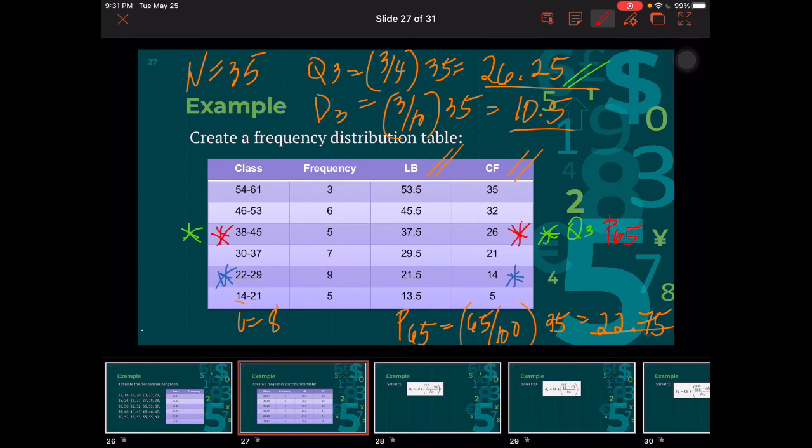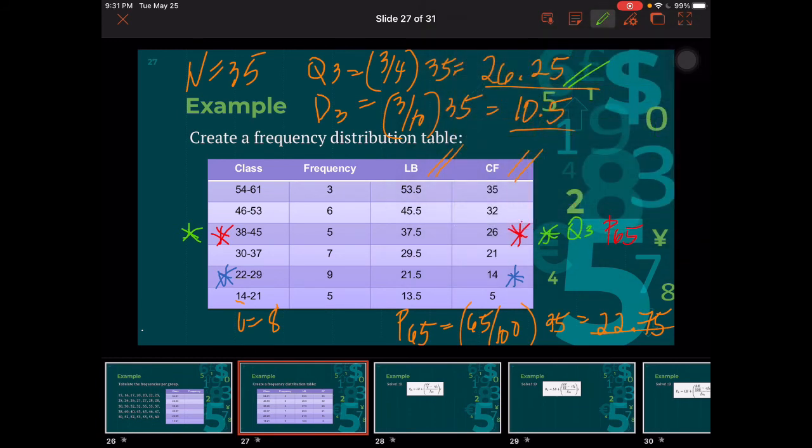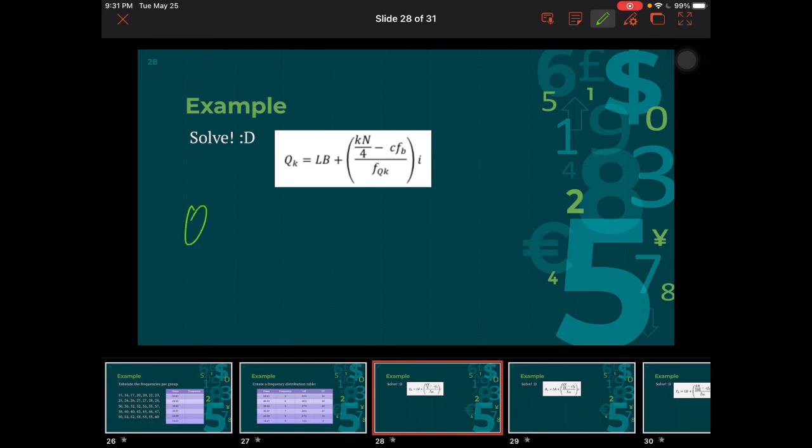So, now that we know our positions and we know the rest of our data, we will try to solve for each of them. Okay? So, unahin muna natin si green, si Q3. Ano-ano yung kailangan natin? Lower boundary, frequency, cumulative frequency before. So, these are the things that we need. Alright? So, let's solve.